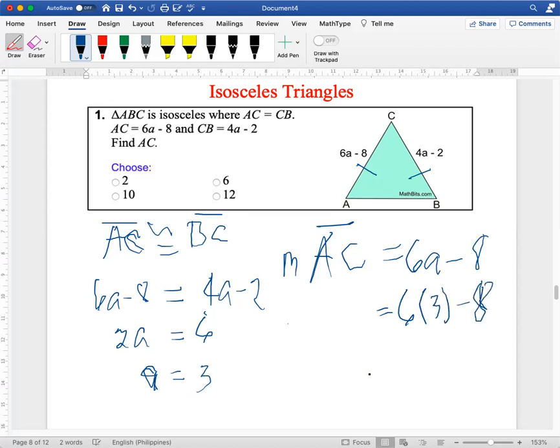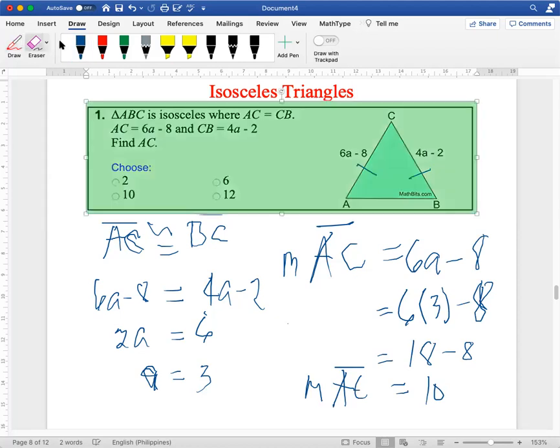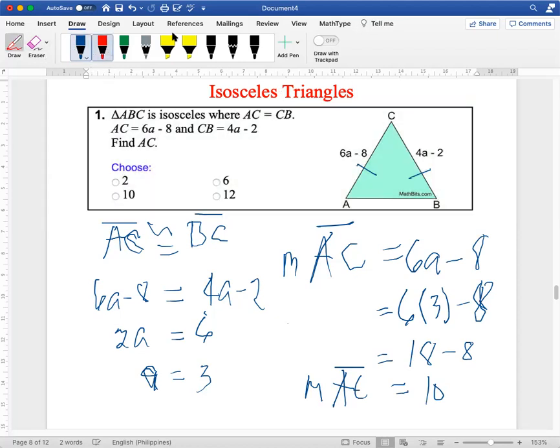So this is 18, and 18 minus 8 is equal to 10. So therefore, the measure of AC is equal to 10. We have already found the value of AC, which is equal to 10.